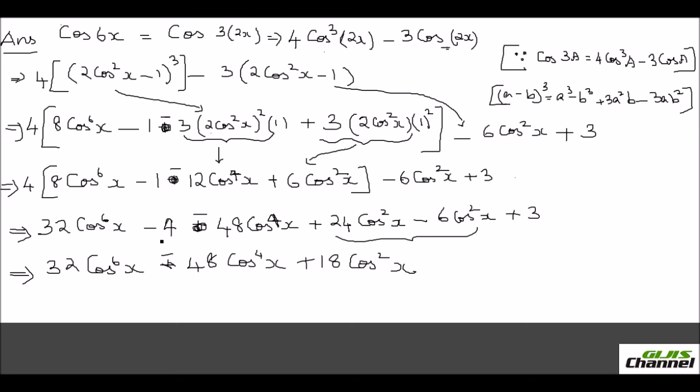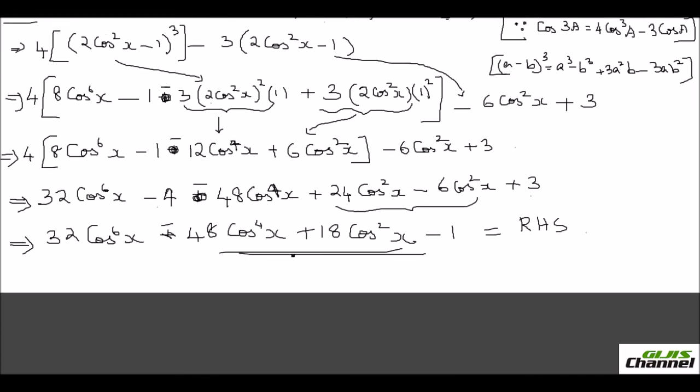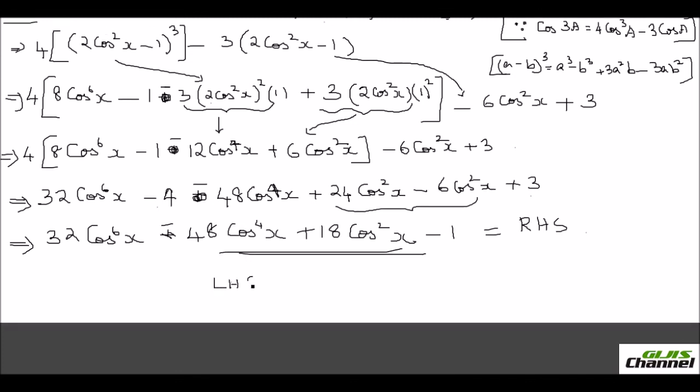Then minus 4 and plus 3 is minus 1, which is equal to your RHS. So this is what we had to prove. So your LHS is equal to your RHS.